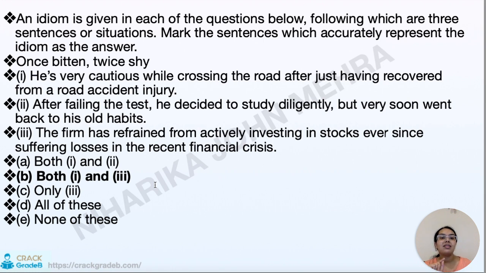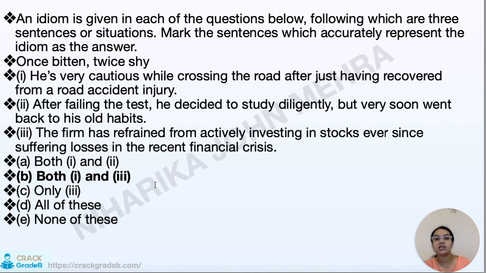The second one says after failing the test, he decided to study diligently. Of course, the first part, failing the test, is a negative thing. It's not like he will be careful about how he fails the next time. He is correcting his mistake, failing the test. Now, how should he correct it?